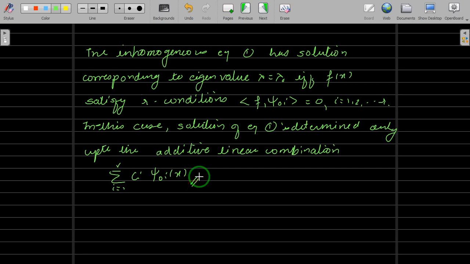The proof of this is already done. If you want to have some other proof, you can check the other books. Clear?